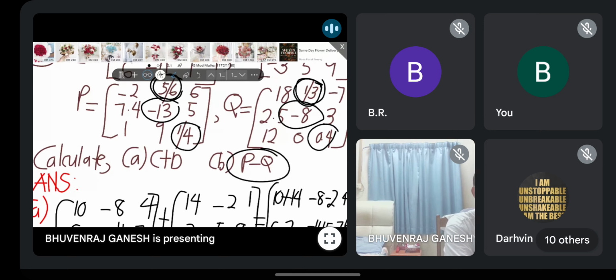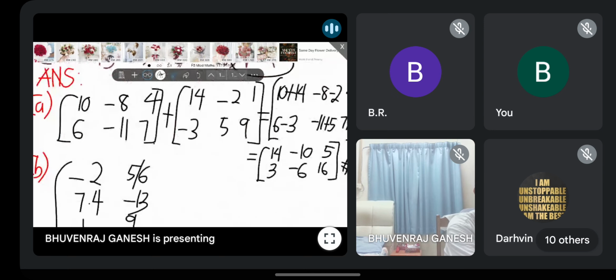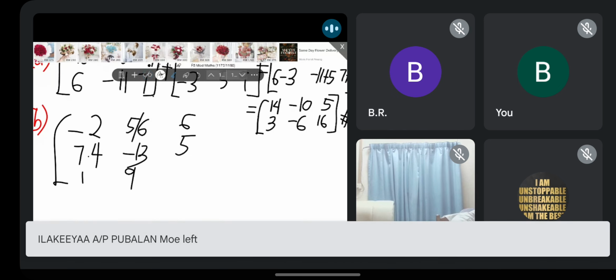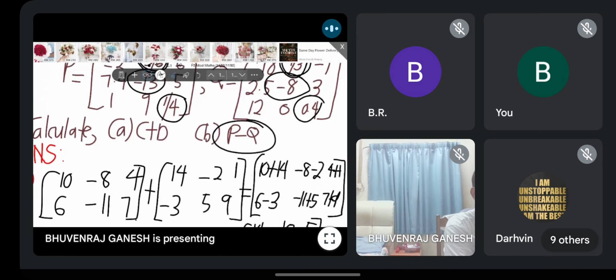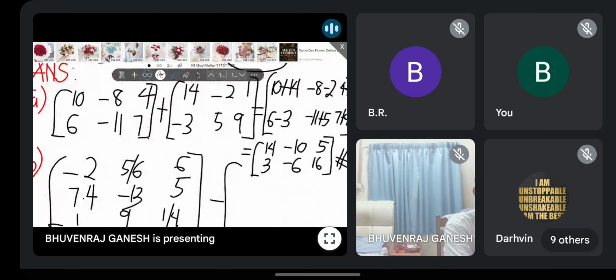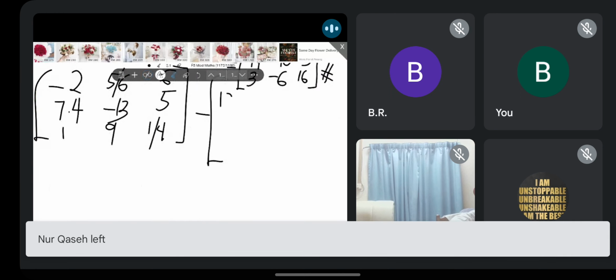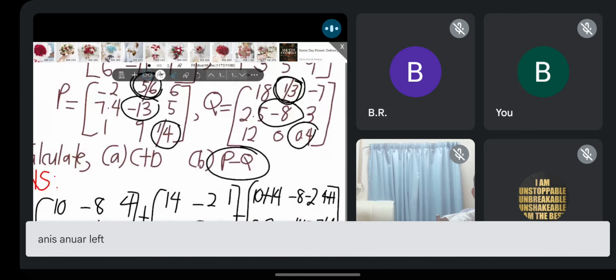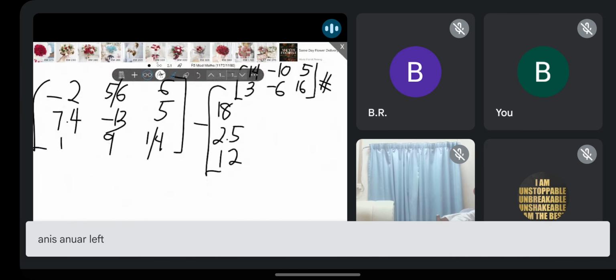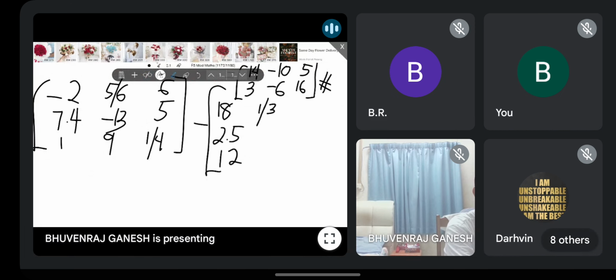This one I just copy only. 6, 5, 1 over 4. And then this one I want to minus with 18, 2.5, 12, and then 1 over 3, negative 80.